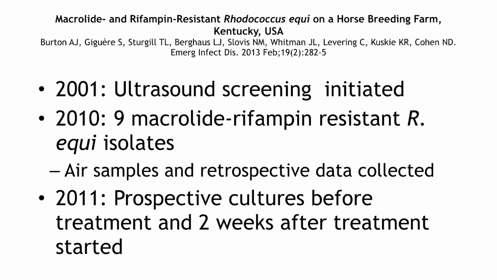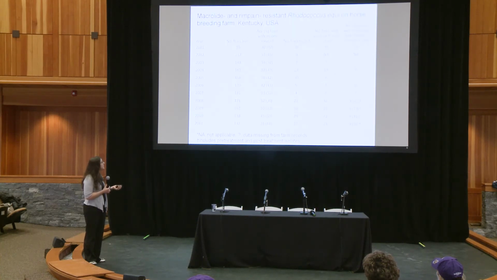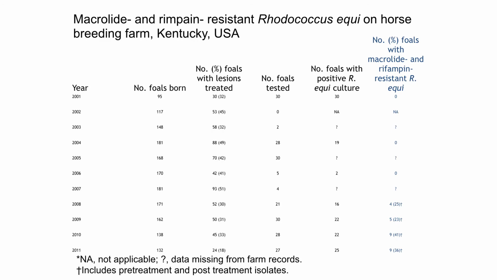And so they started looking at air samples and retrospective data. And then in 2011, they did a prospective study and looked at cultures before and 2 weeks after treatment, because they were worried that they were essentially seeing an increased number of resistant isolates. Again, this is really busy. What I want you to pay attention to is just these are all the years that they were scanning these foals and doing this ultrasonographic screening program.